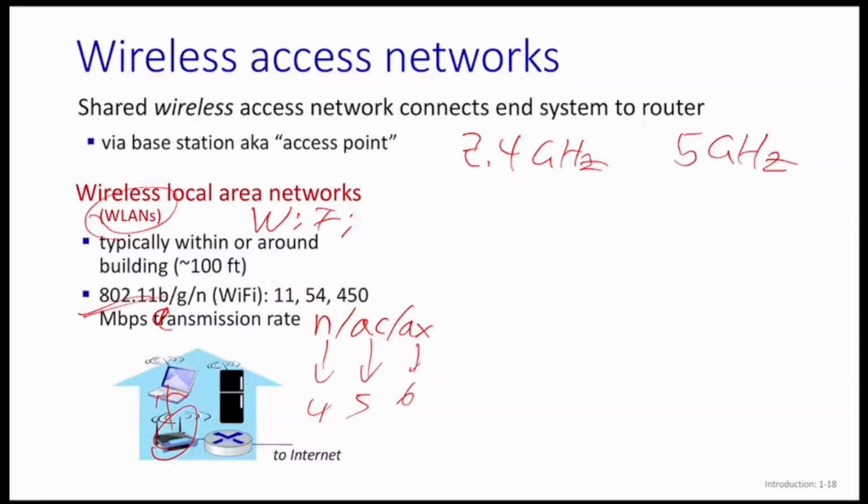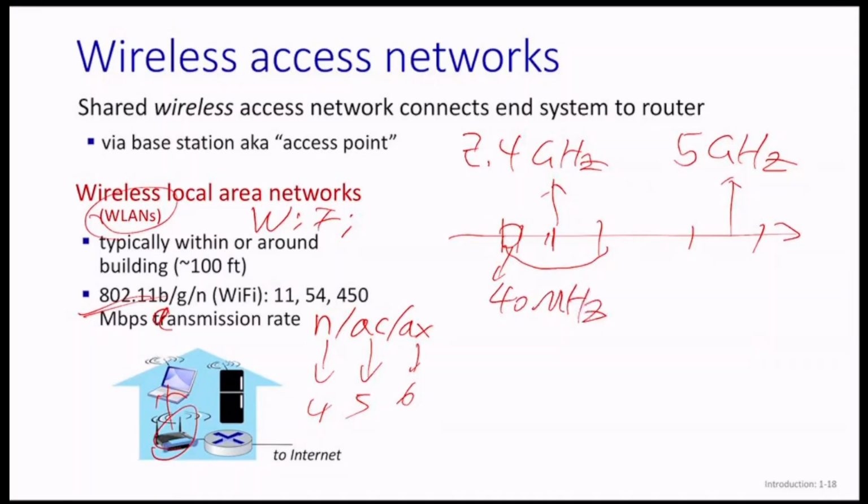From the frequency band you can see this area, where the center frequency is 2.4, and in this area the center frequency is 5 gigahertz. There is a very large bandwidth with different channels. Each channel, for some Wi-Fi, we can separate into 14 megahertz of bandwidth.